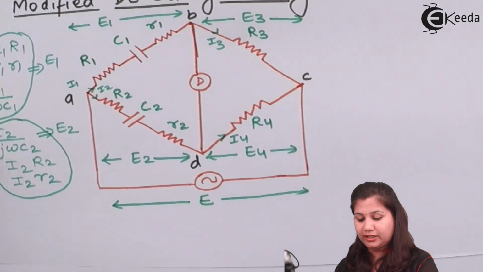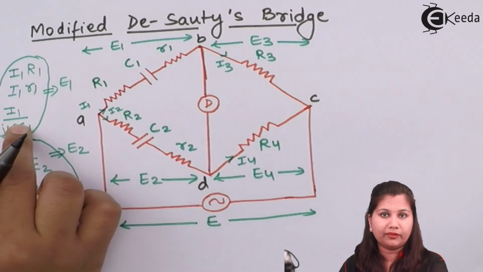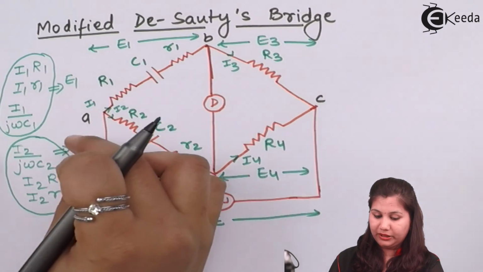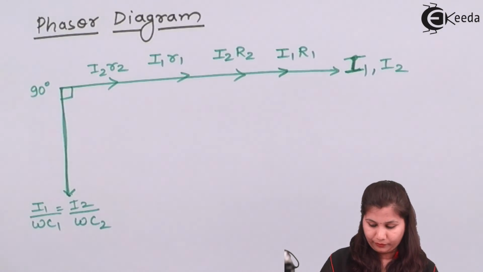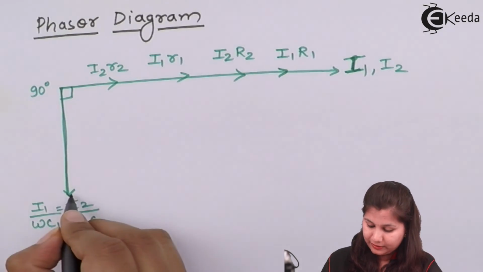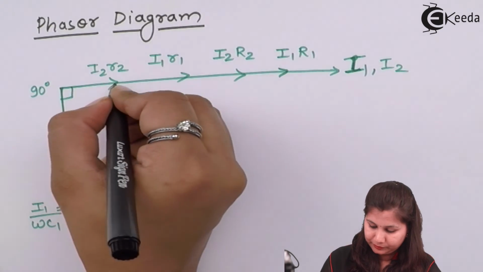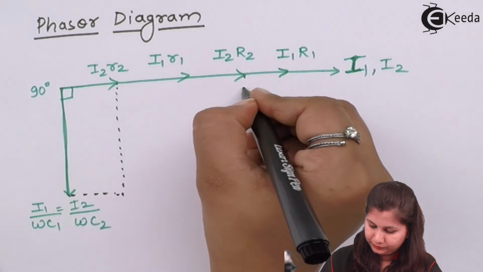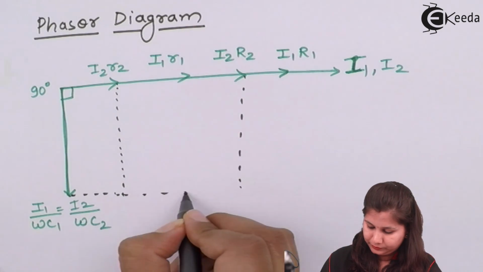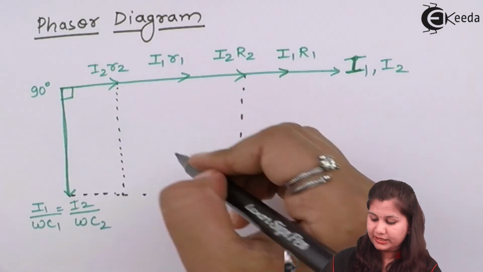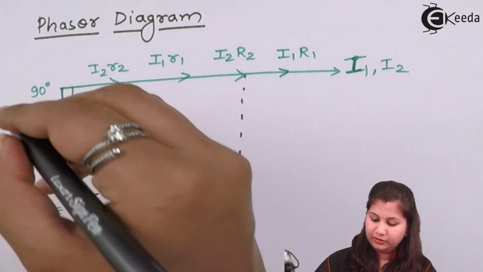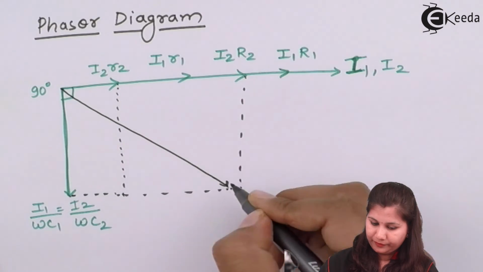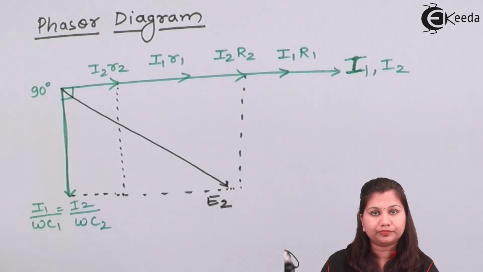Now if we take the resultant of these three vectors and these three vectors, it will be equal to E1 and this will be equal to E2. So extend these lines. If we extend them, we will get the resultant voltage, that is E2.